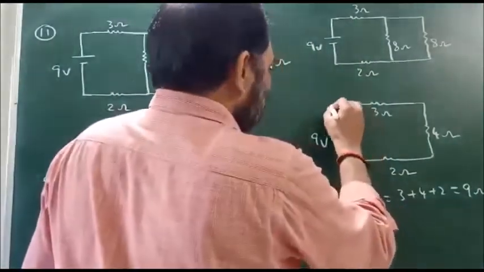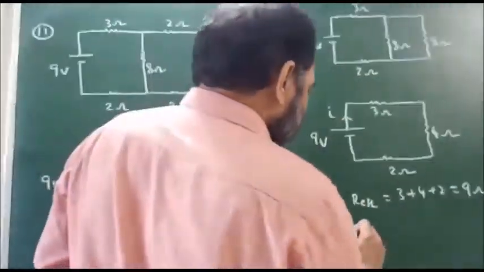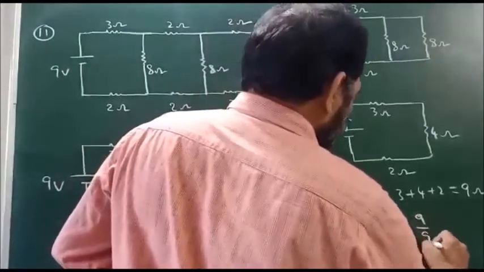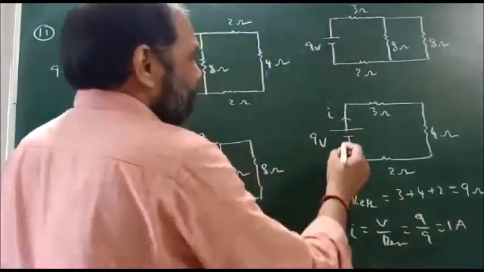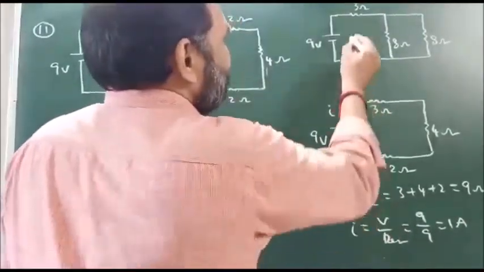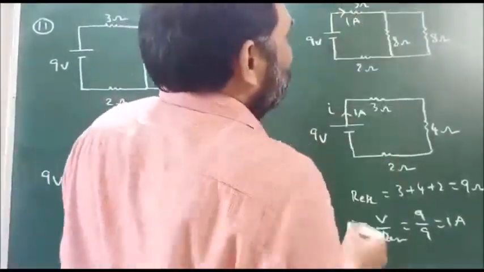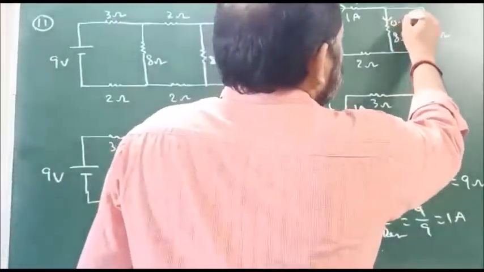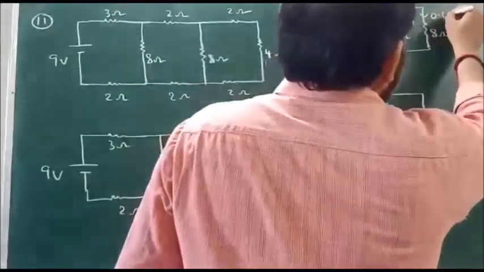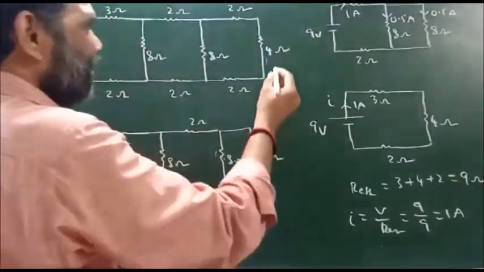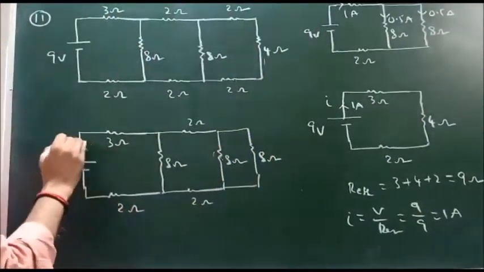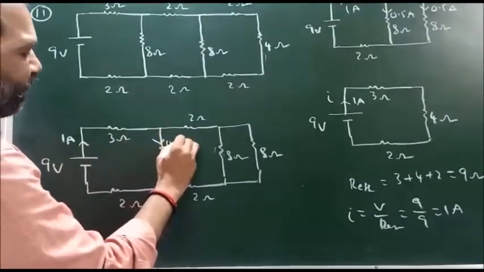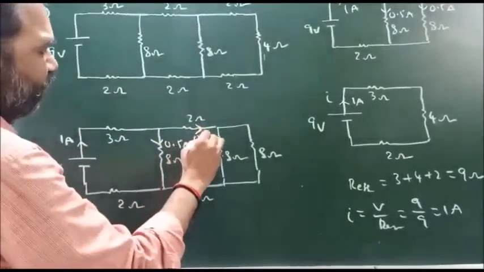Therefore, if the current coming from the battery is I, then I is equal to V by R effective. That is nothing but 9 by 9, that is 1 ampere. That means the current coming from the battery is 1 ampere. This 1 ampere current, at this point, is divided into 0.5 amperes and 0.5 amperes.